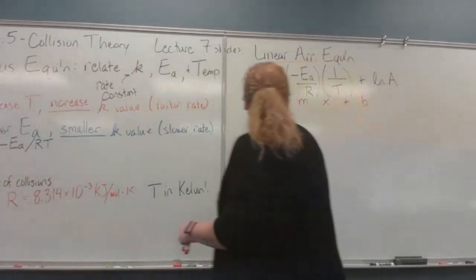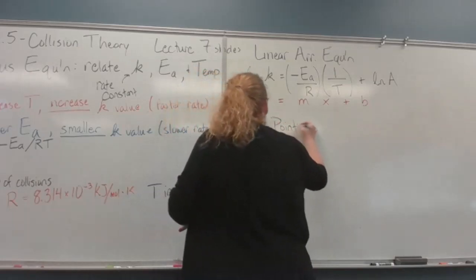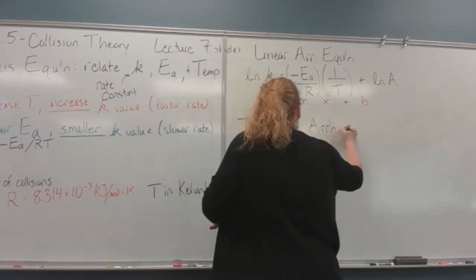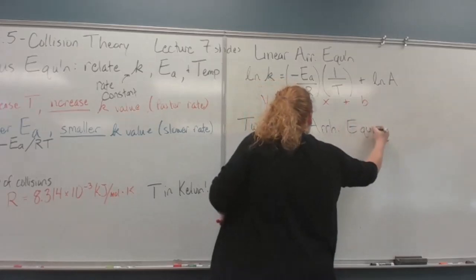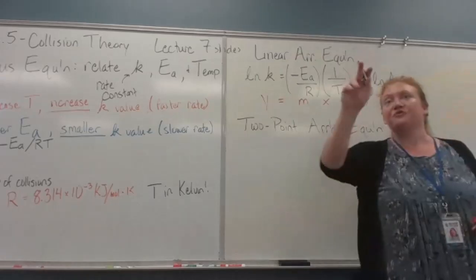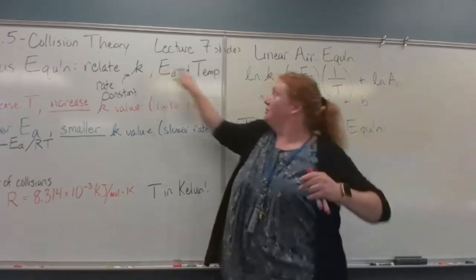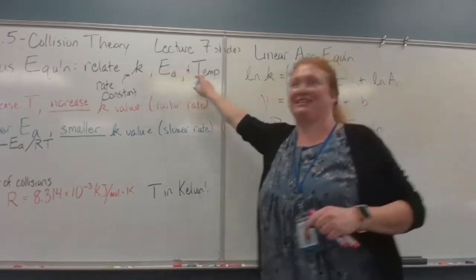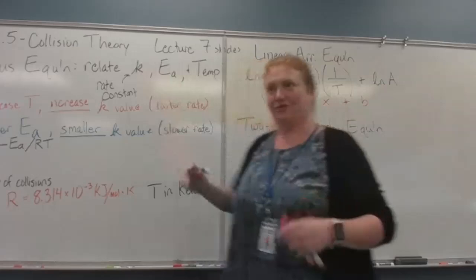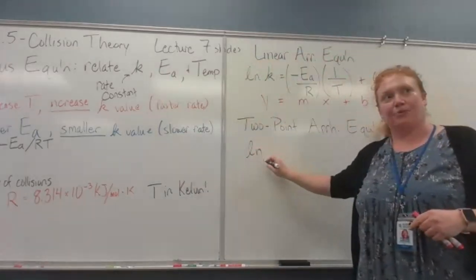Also, just like before, we have a two-point version of the Arrhenius equation, which lets us compare what two points? Two different rate constants at two different temperatures. This format should look familiar to you from the Clausius-Clapeyron.